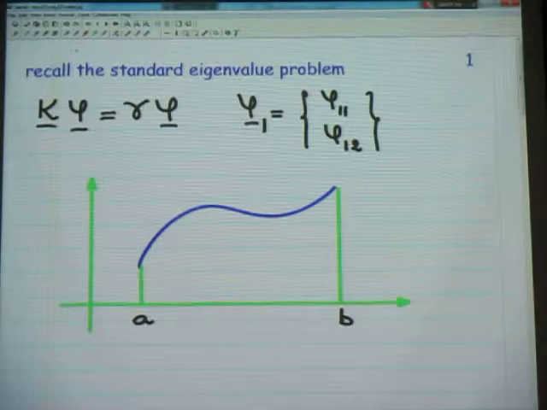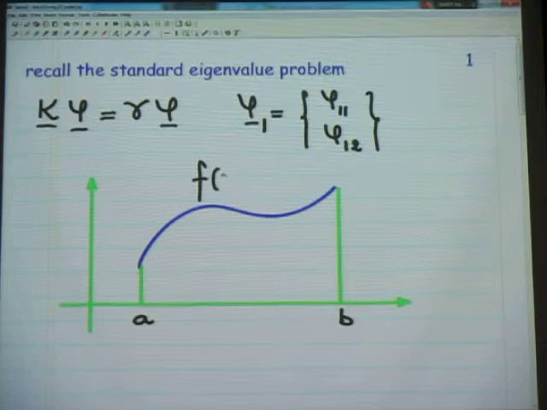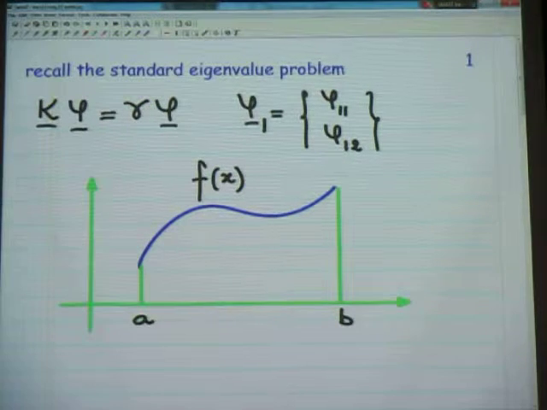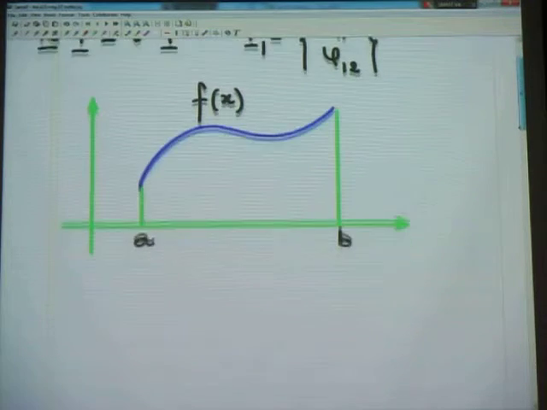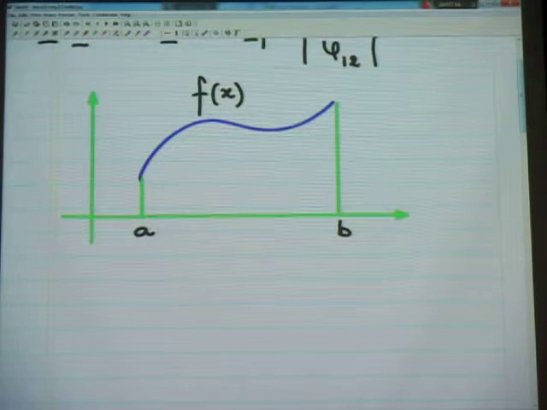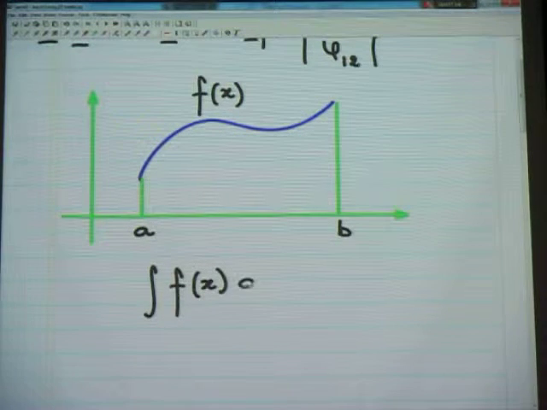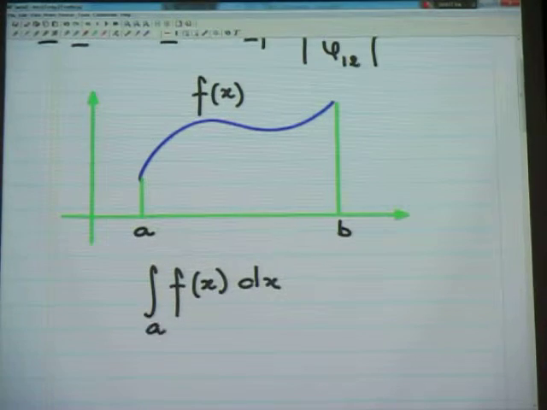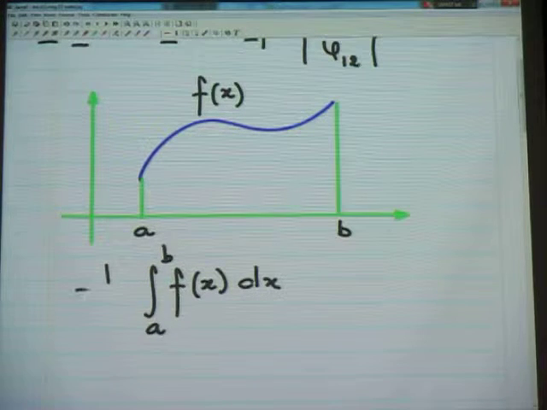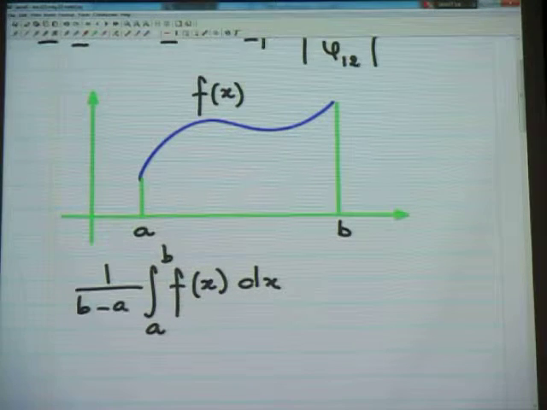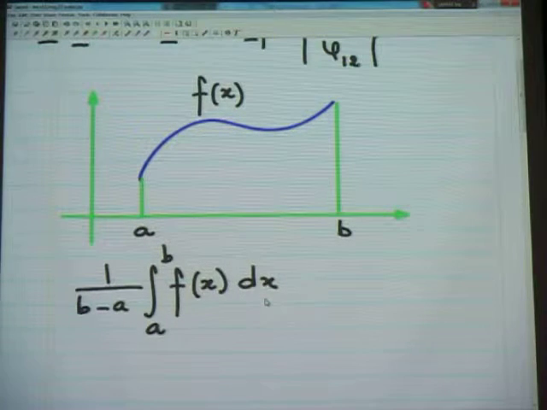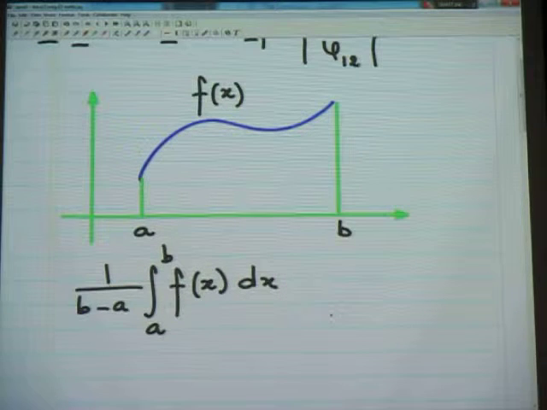And let's say this is a function f of x. What would be the physical meaning of the integral of f of x dx from A to B, and then divide by 1 over B minus A? How do you interpret this? Is there a physical meaning to this?